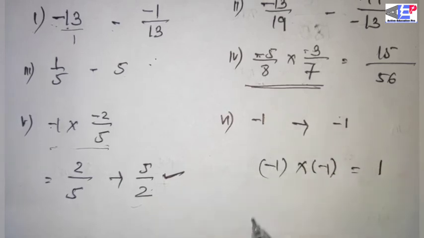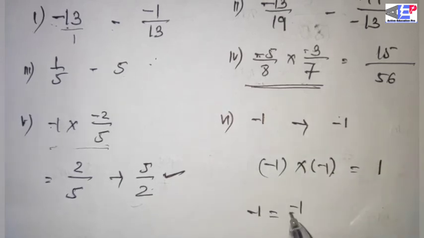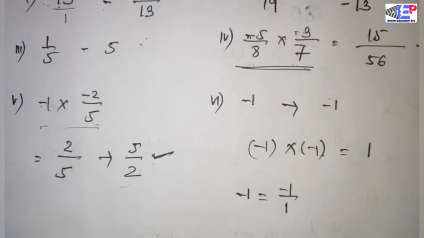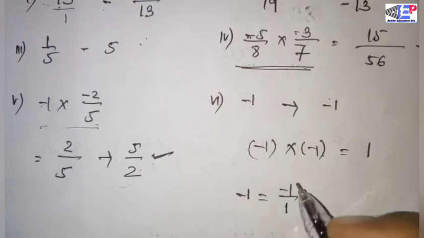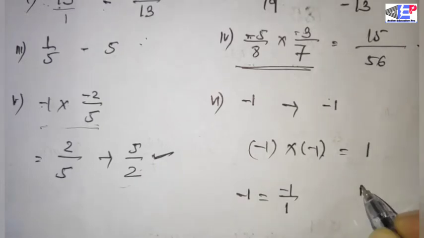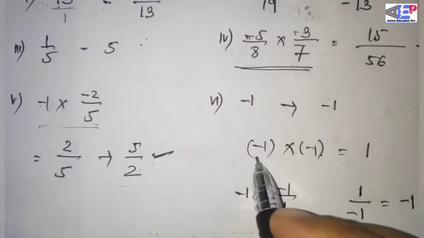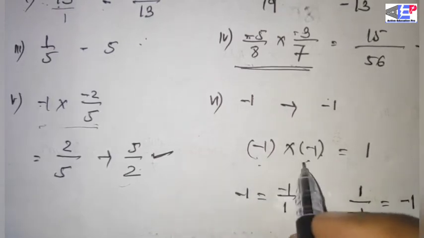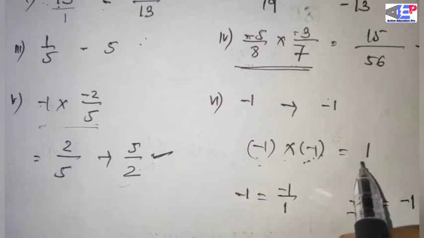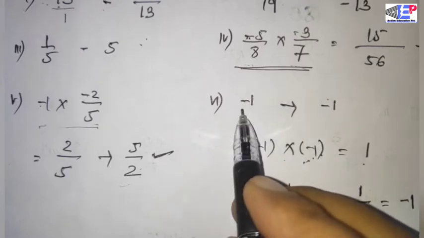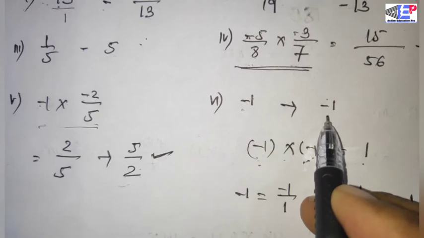Otherwise you can say minus 1 is in p by q form, so minus 1 by 1. If you change the position of numerator and denominator, it becomes 1 by minus 1, which is also minus 1. So when you multiply minus 1 with minus 1, the answer is 1. So minus 1 is the multiplicative inverse of itself.